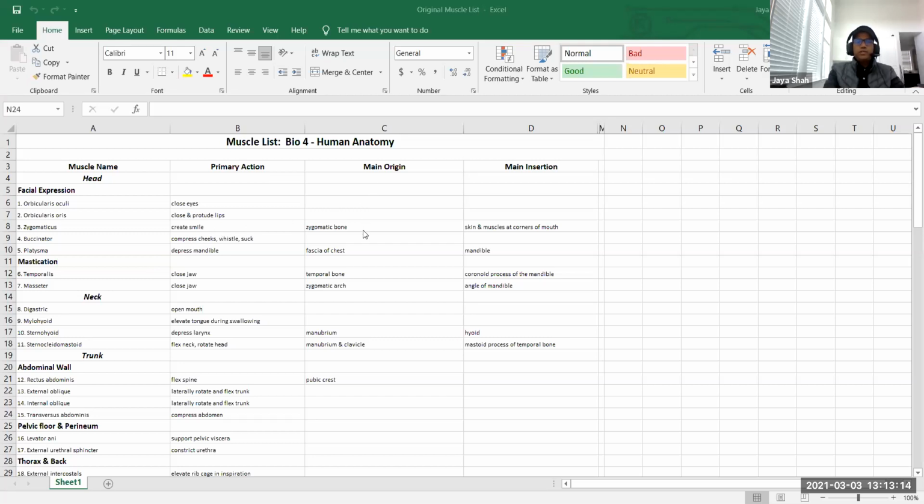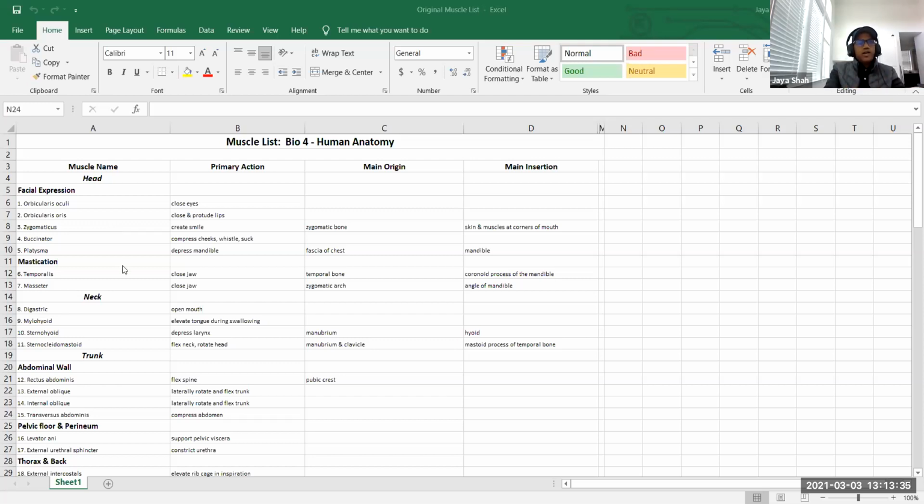Primary origin is the zygomatic bone, and main insertion is skin and muscles at the corner of the mouth. So that means for the zygomaticus, you have to know its primary action, origin, and main insertion.